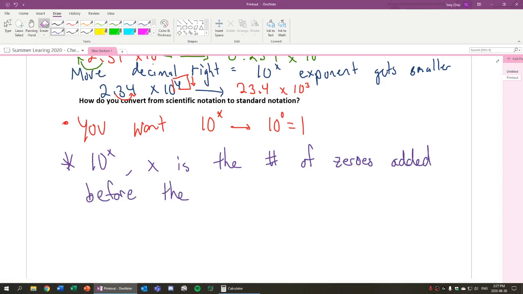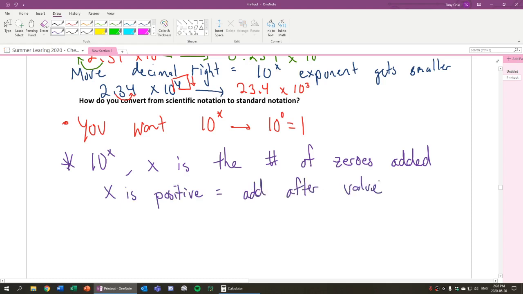Or, not before, it depends how it's added. If x is positive, you add after the value. If x is a negative value, you add before your value.